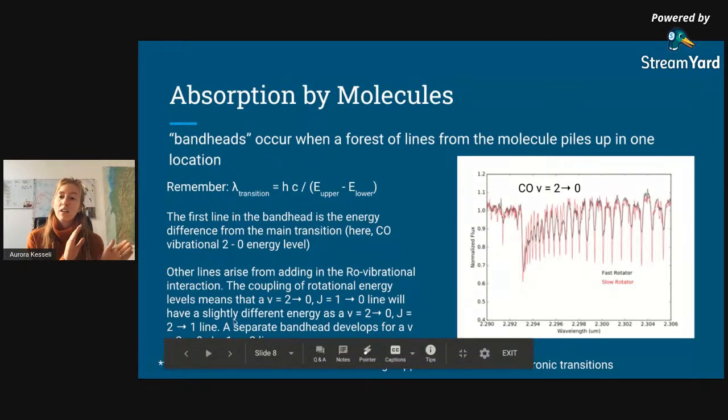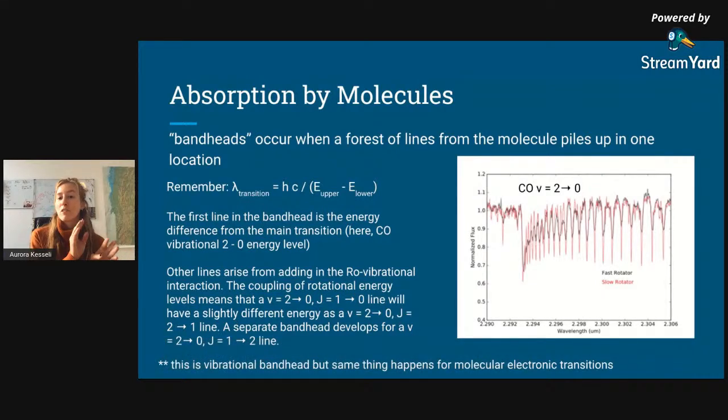So you have a vibrational transition from 2 to 0 and no change in the rotational level. And so you can think in your head how many different lines that would be, just by how many different combinations of the rotation going from 2 to 0 with all of the different couplings from the vibrations.